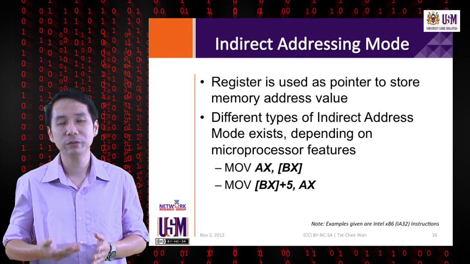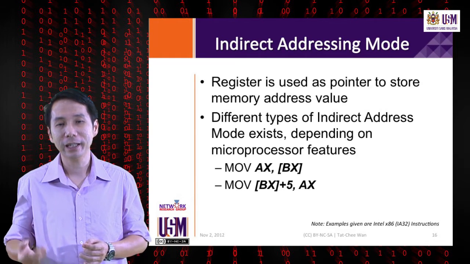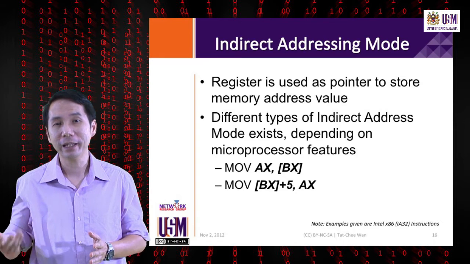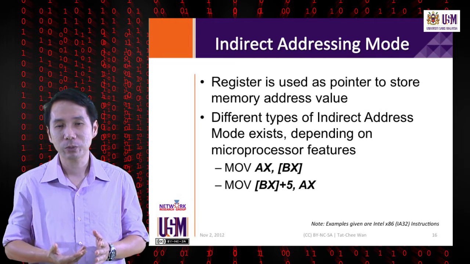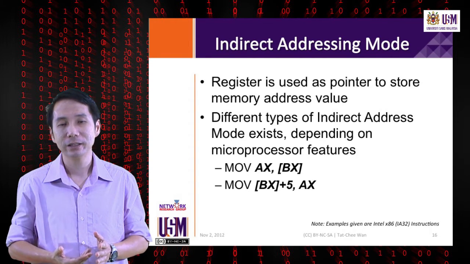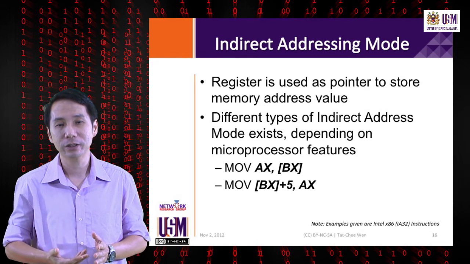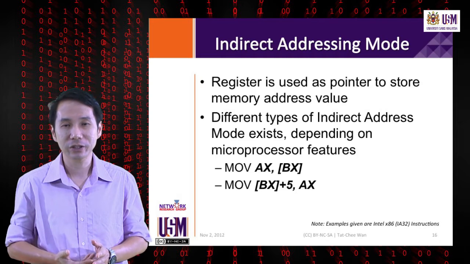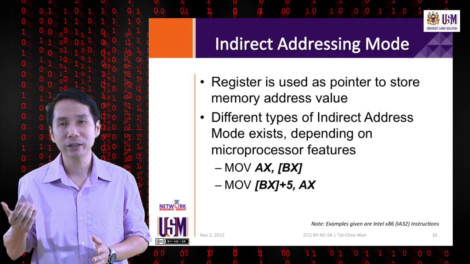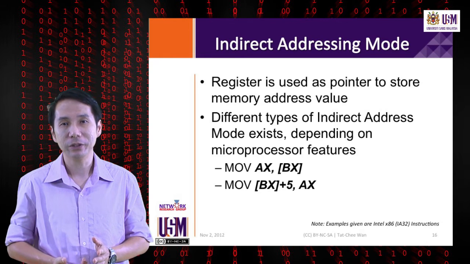The next instruction, move BX in square brackets plus offset 5, comma AX, will then store a value from AX into the memory location given by the address pointer value in BX with an additional constant offset of 5, meaning a location that is 5 bytes away from the current address pointer location BX. What these two instructions have done is to take a value from one location in memory and store it 5 positions away in memory again.